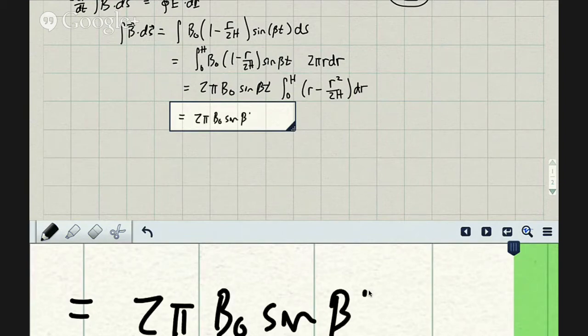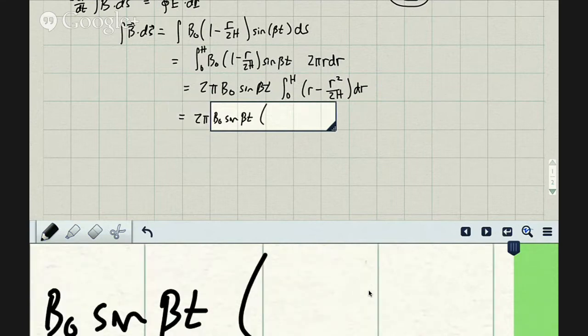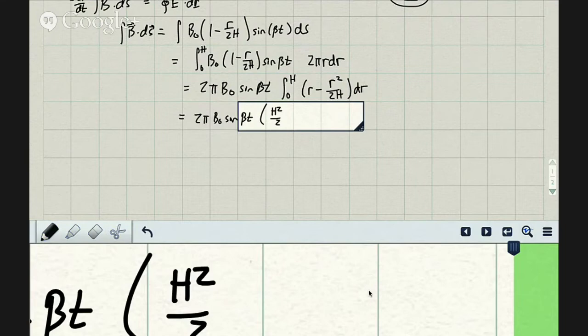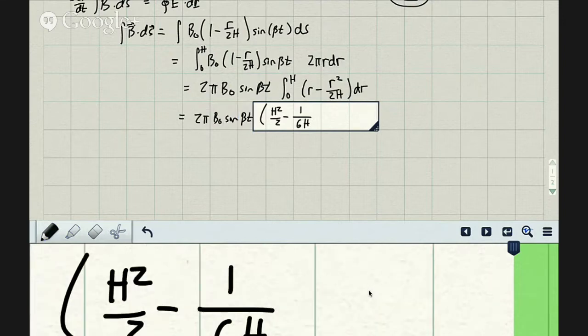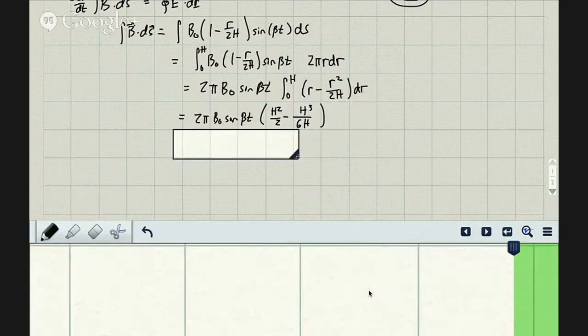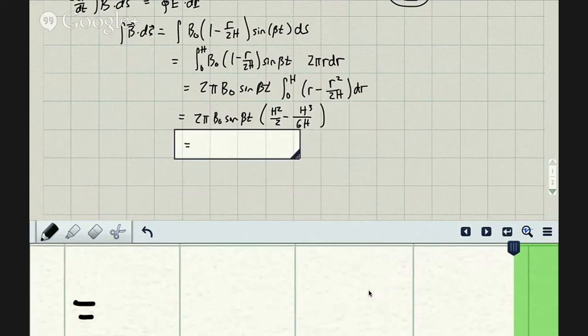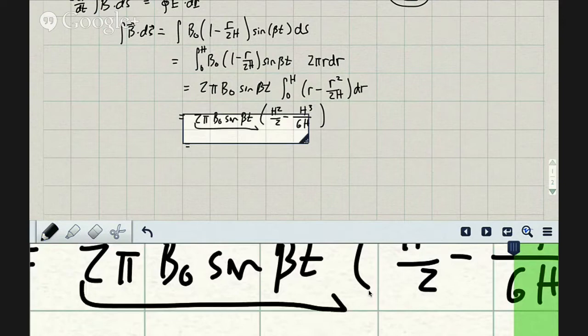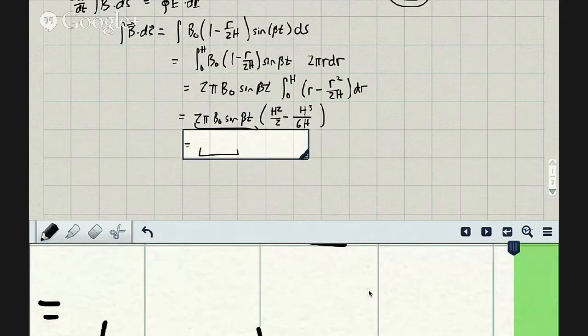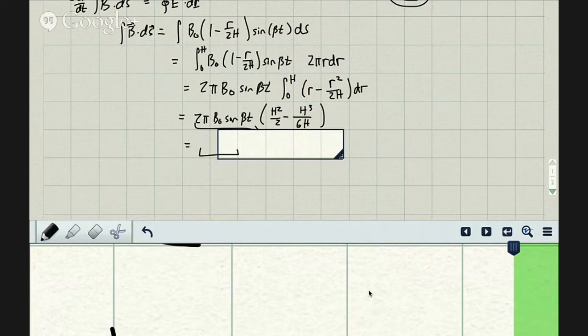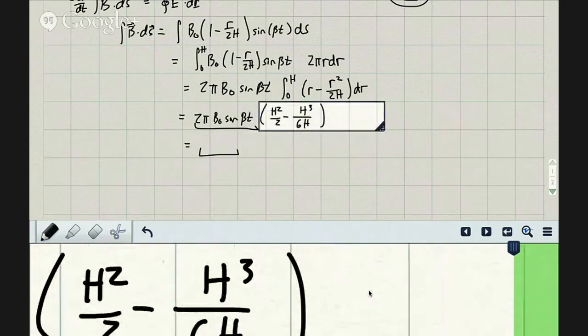Let's integrate this. Here we're going to get h squared over 2 for the first integral. For the second integral, we're going to get a 1 over 6h out in front, a minus sign out in front, and then we're going to get h cubed. So then we just have to add these fractions together. We get this stuff times h squared over 2 minus h squared over 6.